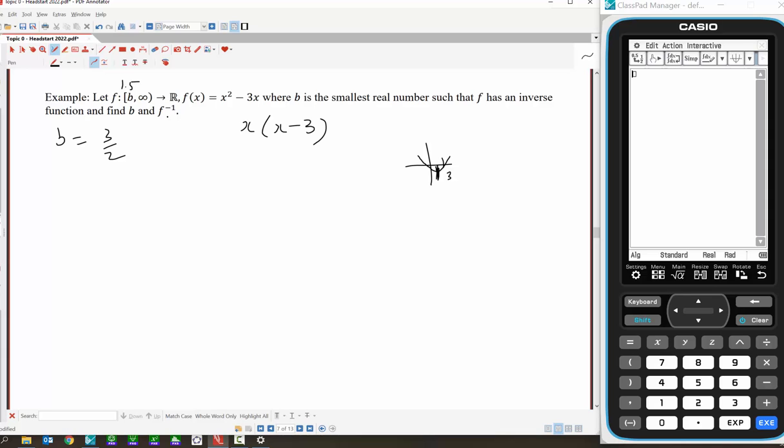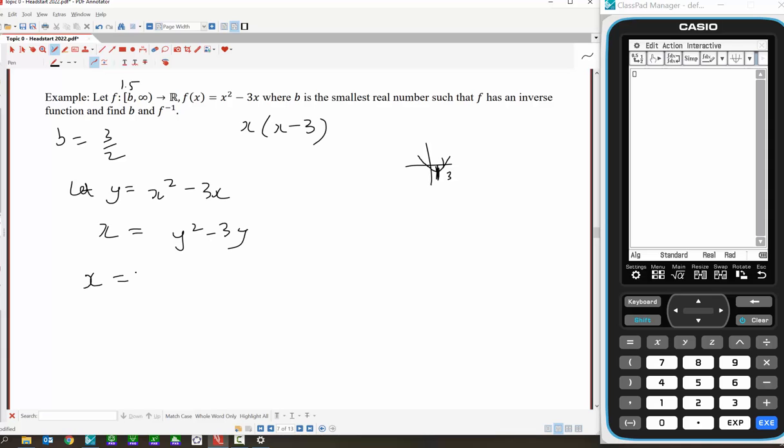Now we need to get our inverse. So I'm going to say let y equals x squared take away 3x, so x equals y squared take 3y. Just a little tip with this one: the technique we'll use to get y by itself will be to complete the square.